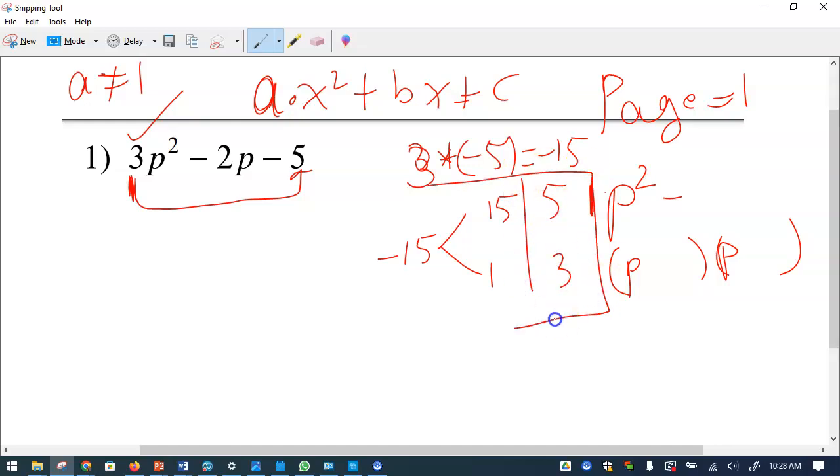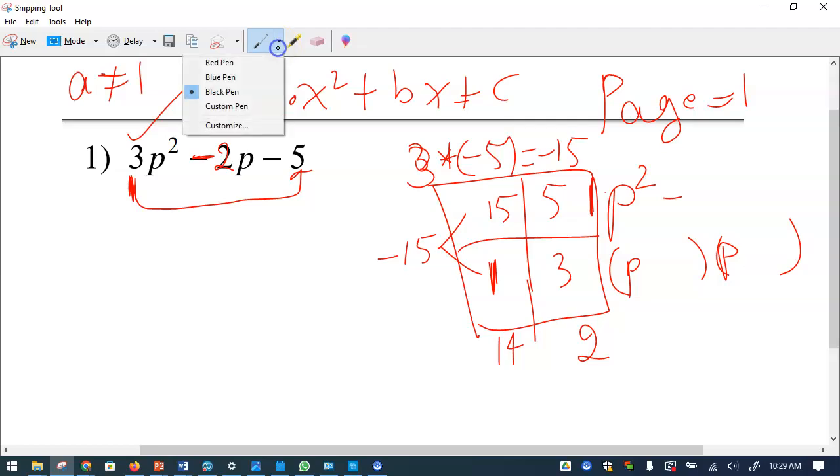Now among these, which one subtracts to get -2p? If you subtract 1 and 15, it will be 14. If you subtract 3 from 5, you get 2. But because there is a -2, the big one will be minus, and the small one is plus.